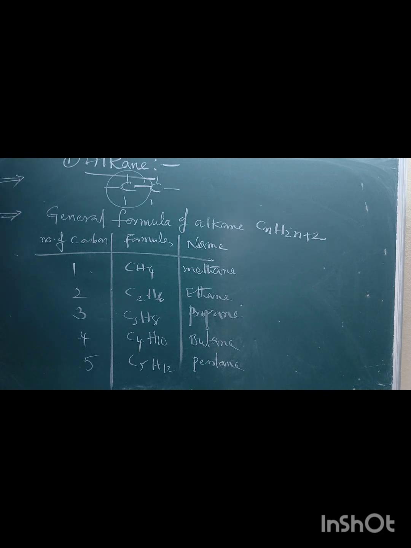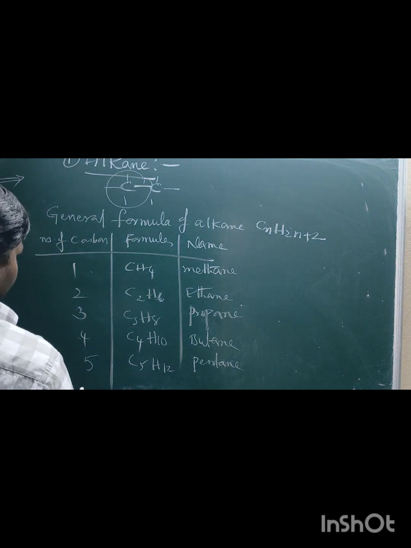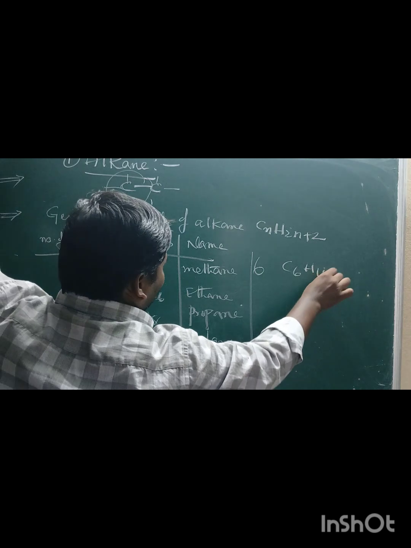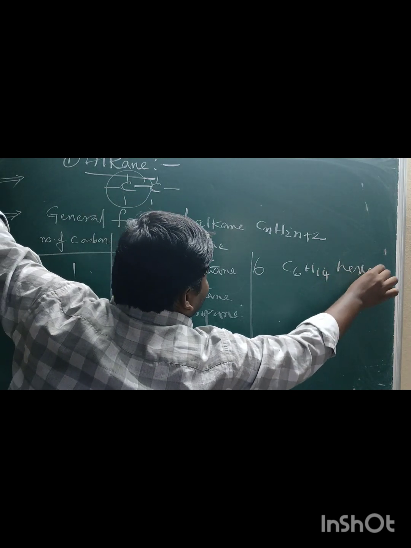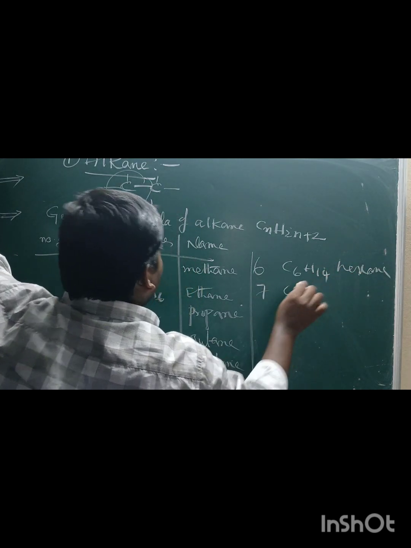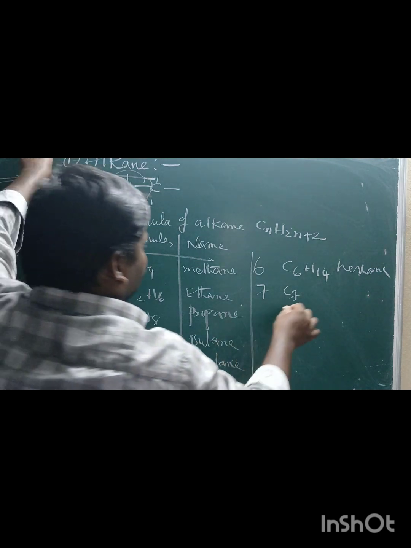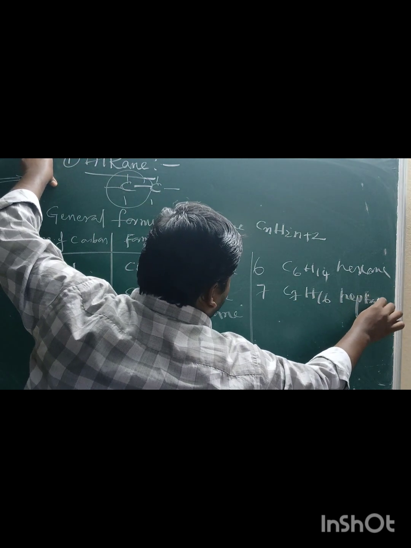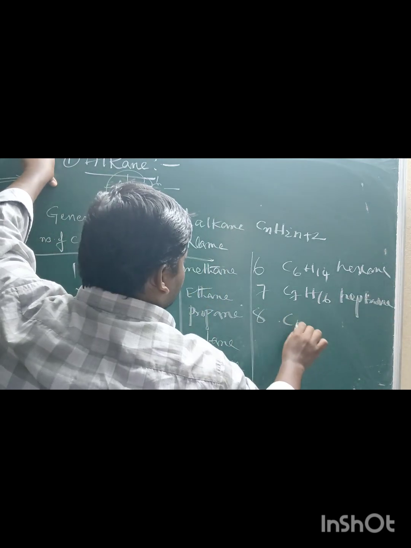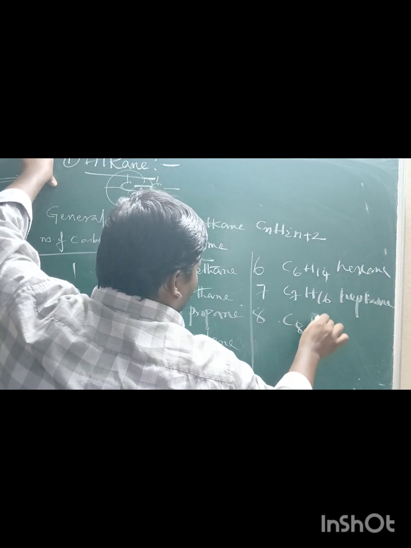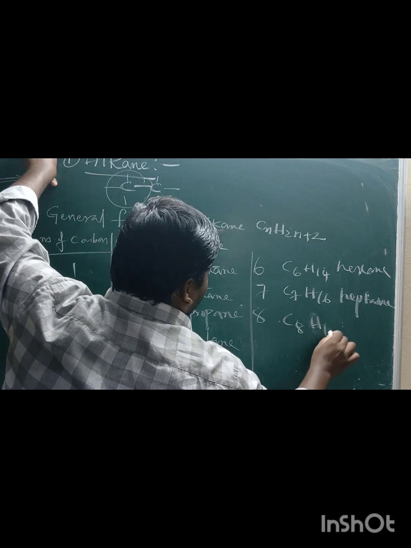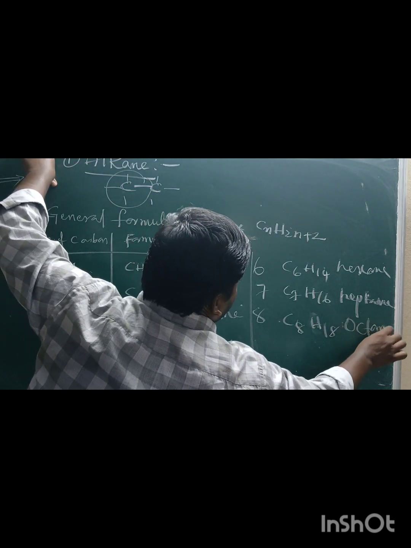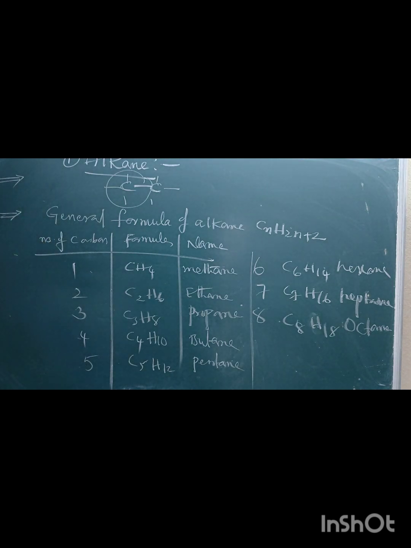In case 6 carbons are there, C6H14, hexane. 7 carbons, C7H16, heptane. 8 carbons, C8H18, octane, and so on.